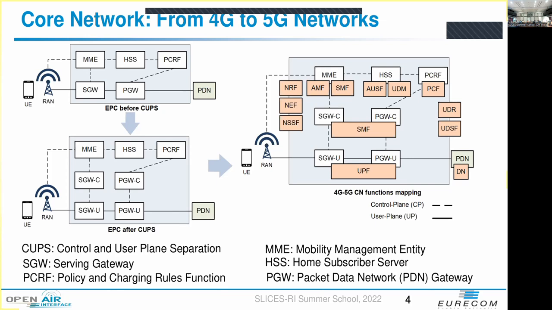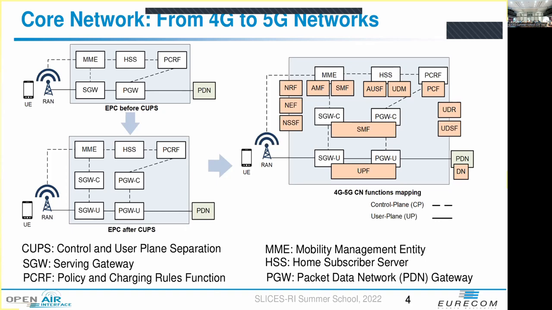And then in the control and user plane separation, basically the S gateway and P gateway are divided into a control plane part and a user plane part. And also the figure you can see on the right side is the mapping between the 4G and 5G components. So at least you can have the idea of the 5G core network components.